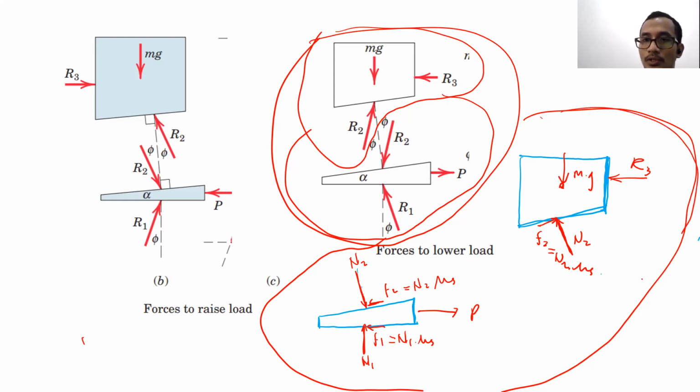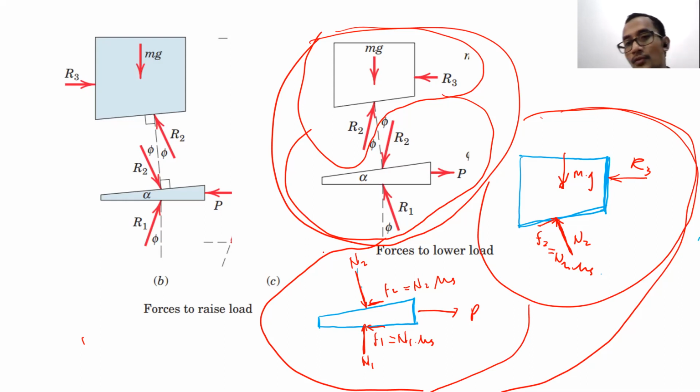This is just the same, but remember that we handle normal force and friction force together because those two are just one unknown. Any question about pulling the wedge out?